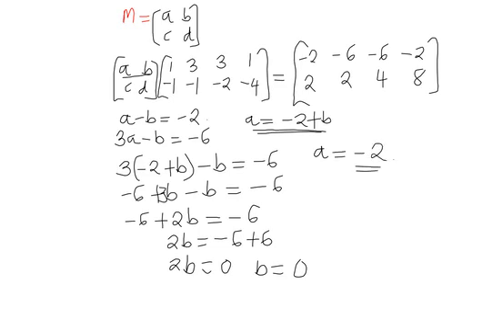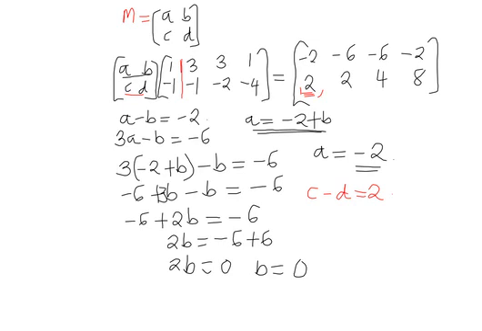To get the value of C and D, we use the second row. So we have the second row multiplied by the first column to give us C multiplied by 1, which is C, plus D multiplied by negative 1, which is minus D, is equal to negative 2. We are taking this point, which is now 2.